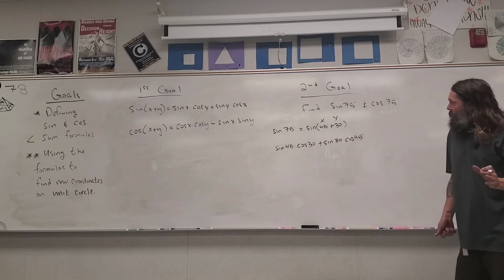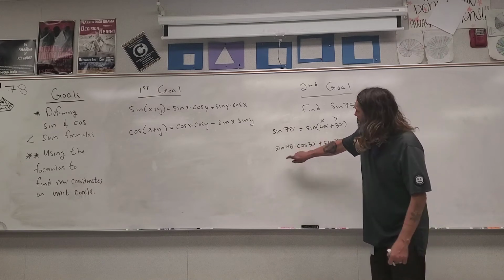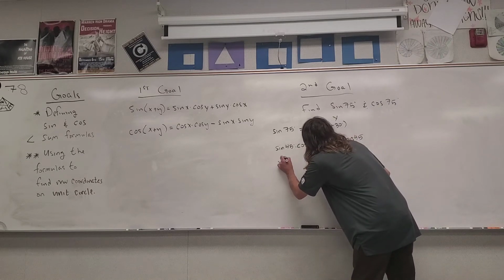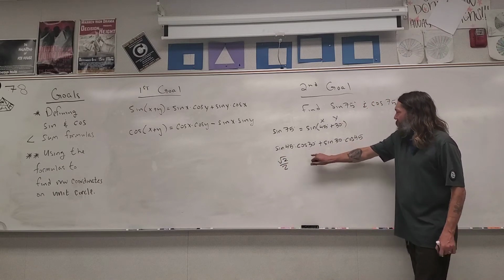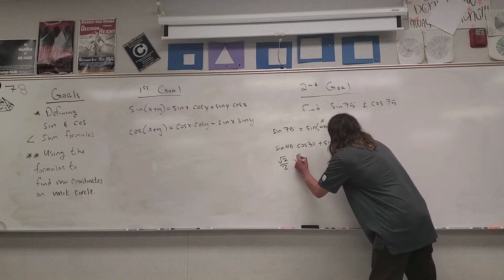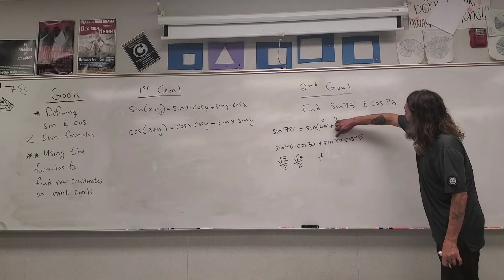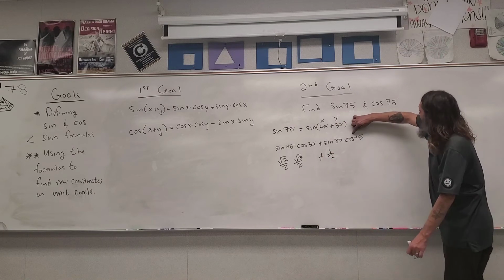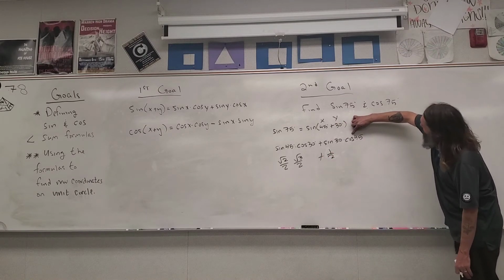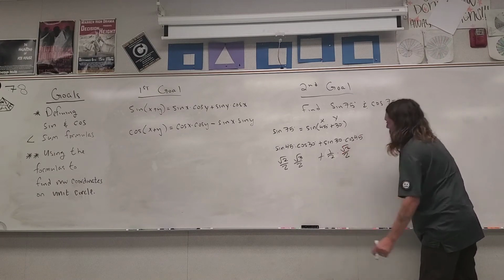Now, remember our unit circle: sine of 45, the y coordinate, is square root of 2 over 2. My x coordinate at 30 degrees is square root of 3 over 2. I'm going to add that to my y coordinate at 30 degrees, which is 1/2, times my x coordinate at 45 degrees, which is square root of 2 over 2.